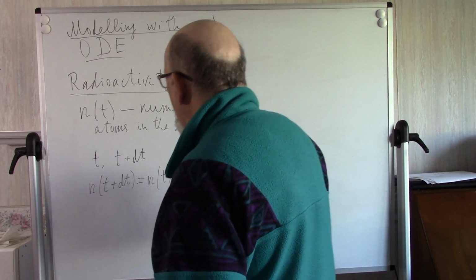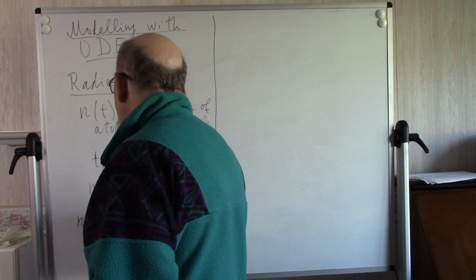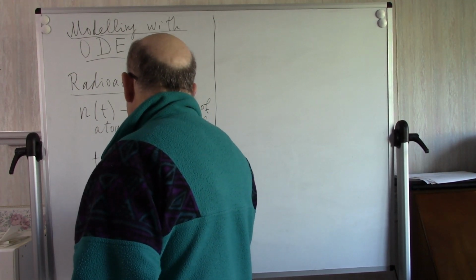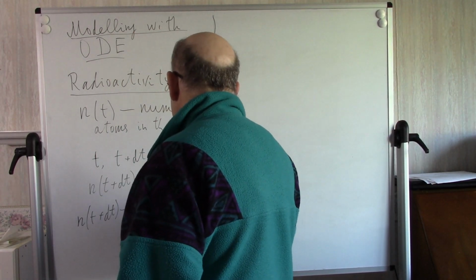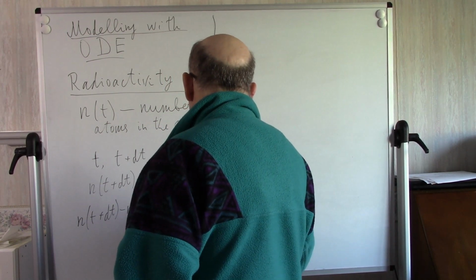Or n of t plus dt minus n of t equals minus k n of t dt.